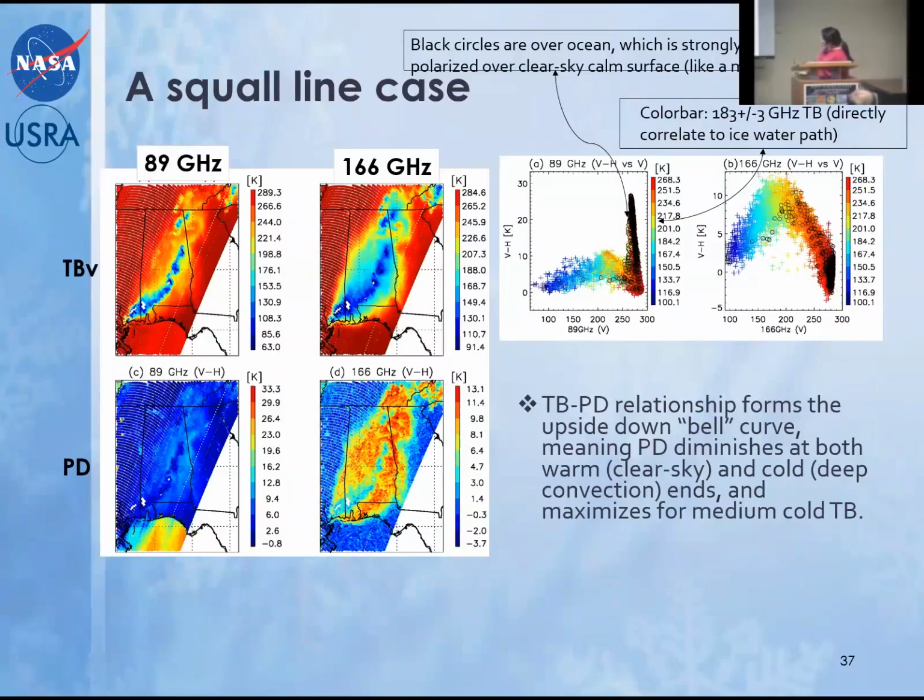That corresponds to this region where you don't have wind, so the ocean surface is quite polarized. But for 166 gigahertz, you don't see it because in the tropics it's quite humid, so the surface signal is blocked.